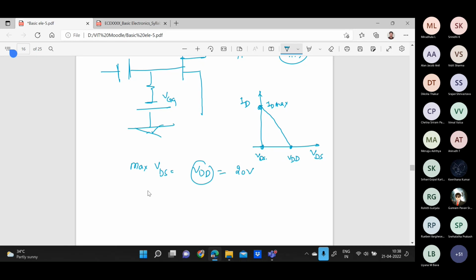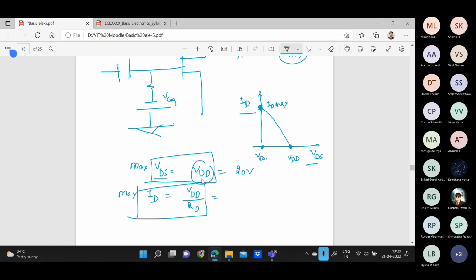And for finding the value of maximum ID, the maximum ID will be equal to VDD divided by RD. So this is the formula. You have to use this formula to find the DC load line. The DC load line is drawn between ID and VDS, where we have to find the maximum value of the drain current and the maximum value of VDS.